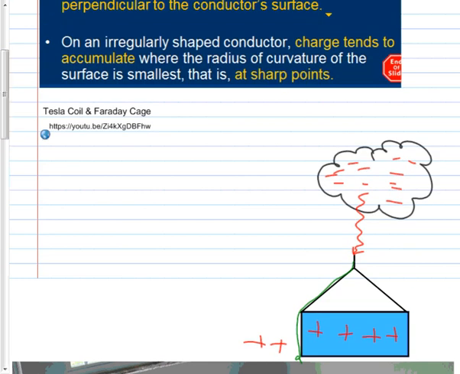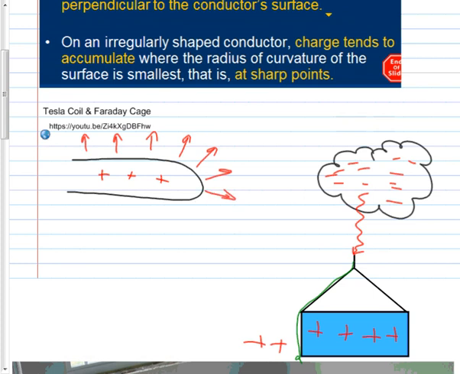Let me draw a slightly irregularly shaped object, something like this. My electric field lines would be going like this, assuming this is positively charged, and then they're going to turn over here. It's just going to be perpendicular to the surface right over here. You get the idea. That's all they're saying.